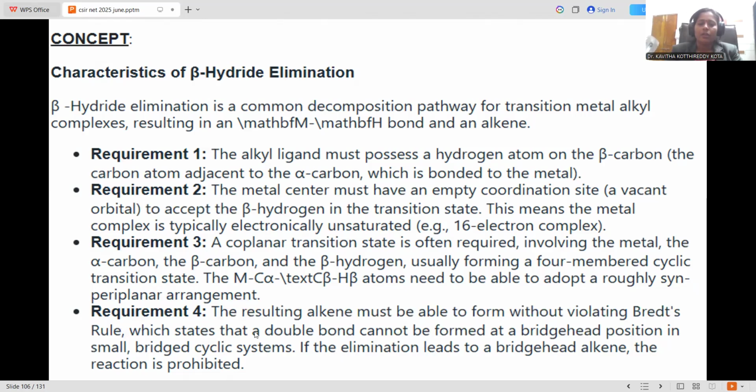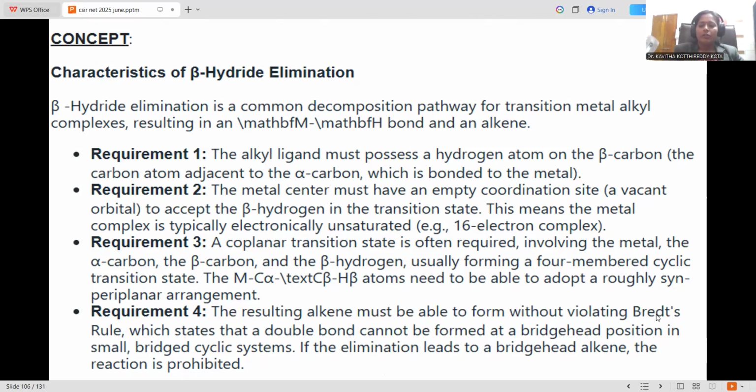Requirement number 4. The resulting alkene must be able to form without violating Bredt's rule. It states that a double bond cannot be formed at a bridgehead position in a small bridged cyclic system. If the elimination leads to a bridgehead alkene, the reaction is prohibited. So here, the bridgehead carbon acquiring the double bond must be prohibited. That is called Bredt's rule.